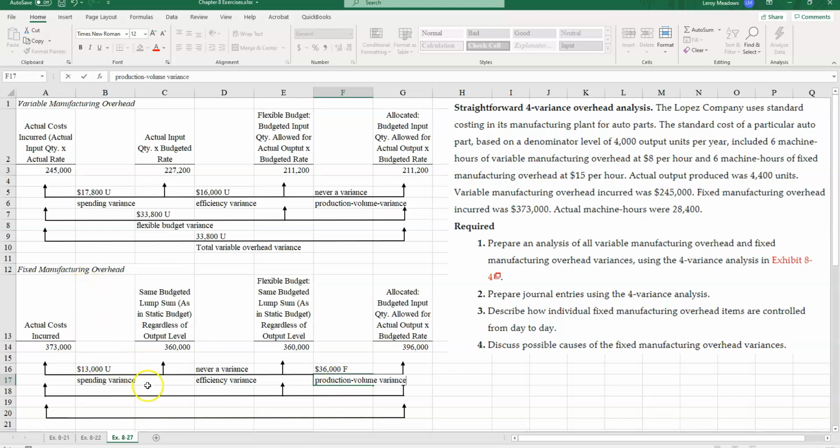So that's my production volume variance. And so what's my total flexible budget variance for fixed costs? $13,000 plus 0, since there's never an efficiency variance, is $13,000. And then I have my production volume variance of 36,000.